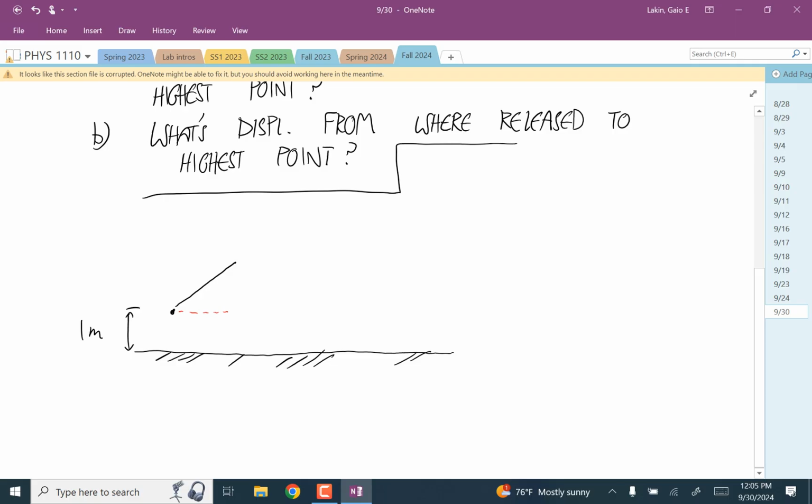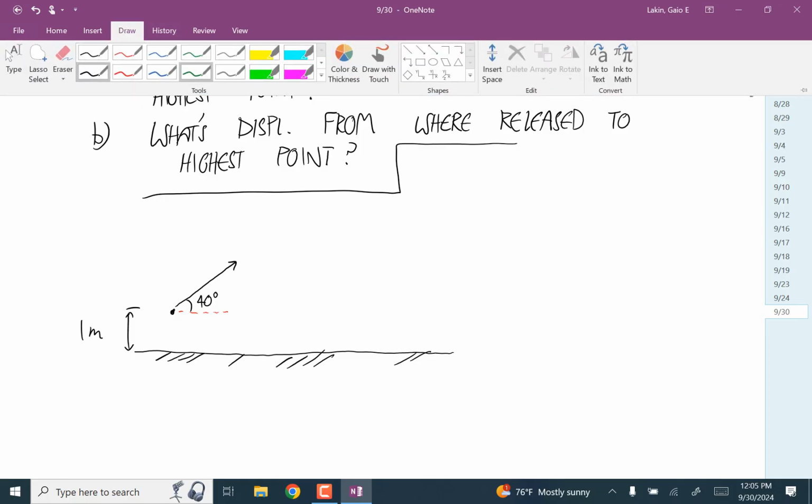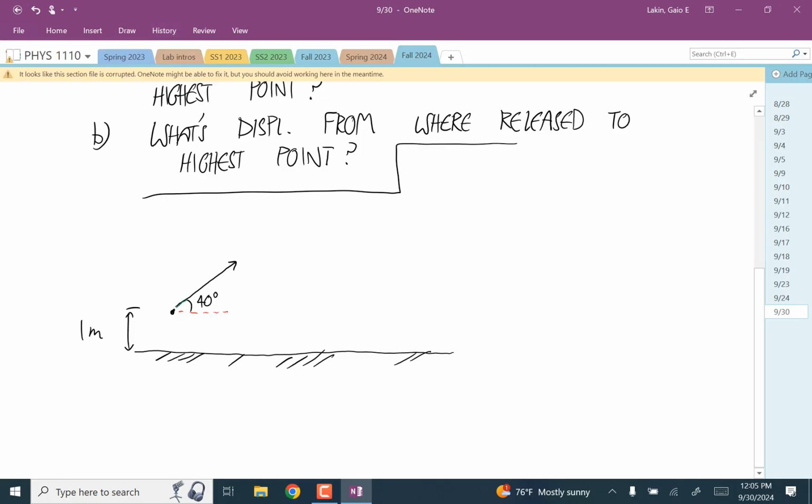It's launched at an angle of 40 degrees above the horizontal, so this angle is 40 degrees. And the path it's going to take will look something like this. It'll start out parallel to that starting velocity, and then it'll follow a parabolic path until it hits the ground. We're trying to figure out the position vector here, and then the displacement vector.